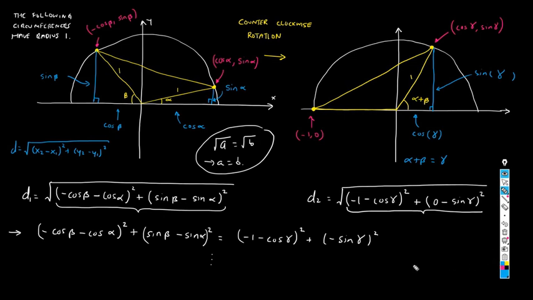I'm going to tell you right away what should be the final result. The final result that you should be obtaining is this. You're going to be obtaining that the cosine of gamma is equal to the following. The cosine of alpha times the cosine of beta minus the sine of alpha times the sine of beta.